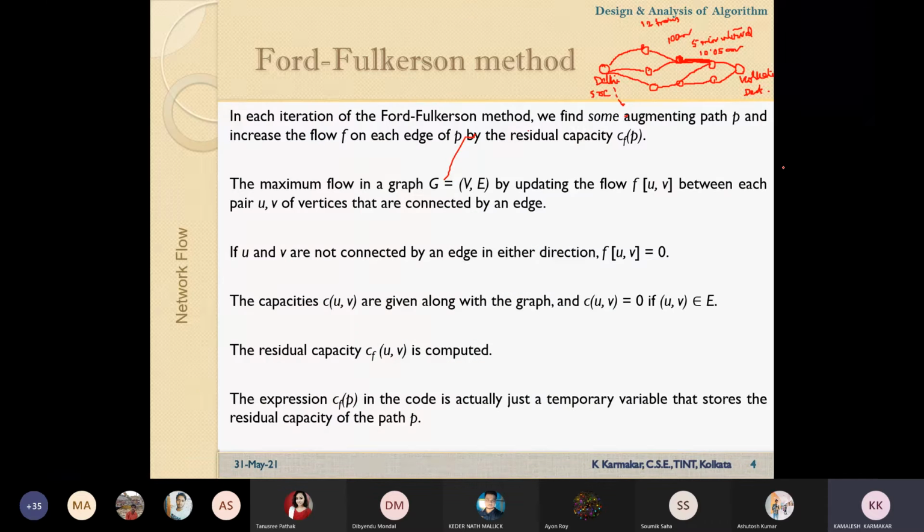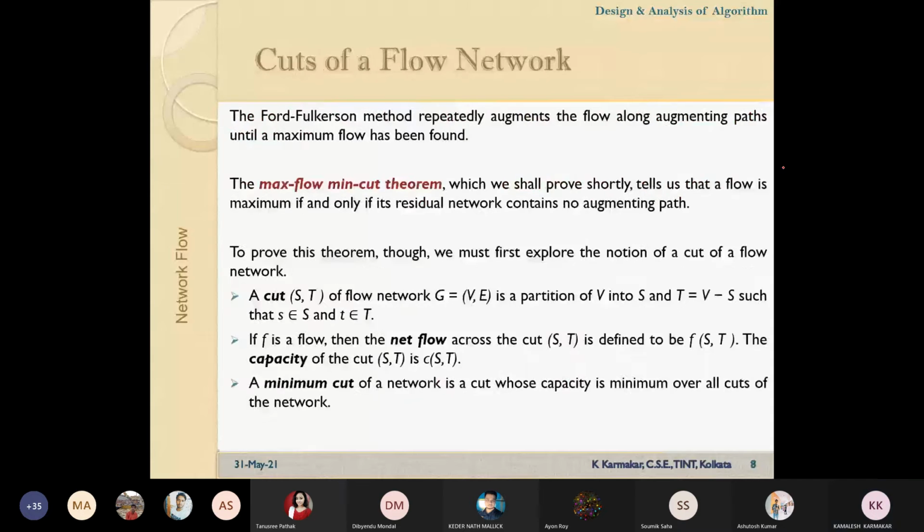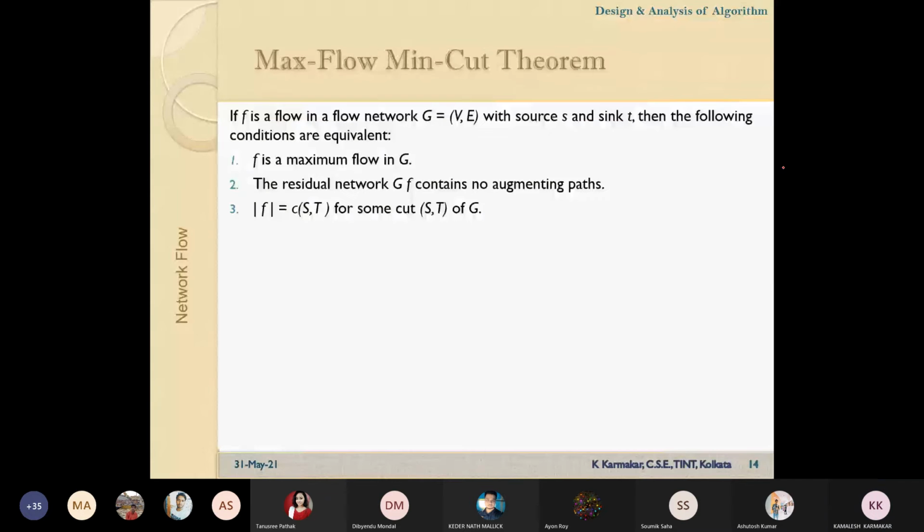Okay, so let us try to understand how this problem will be solved. One very well-known technique is the max-flow min-cut theorem. So what is the max-flow min-cut theorem? A graph is given, and in that graph the source and sink are given.